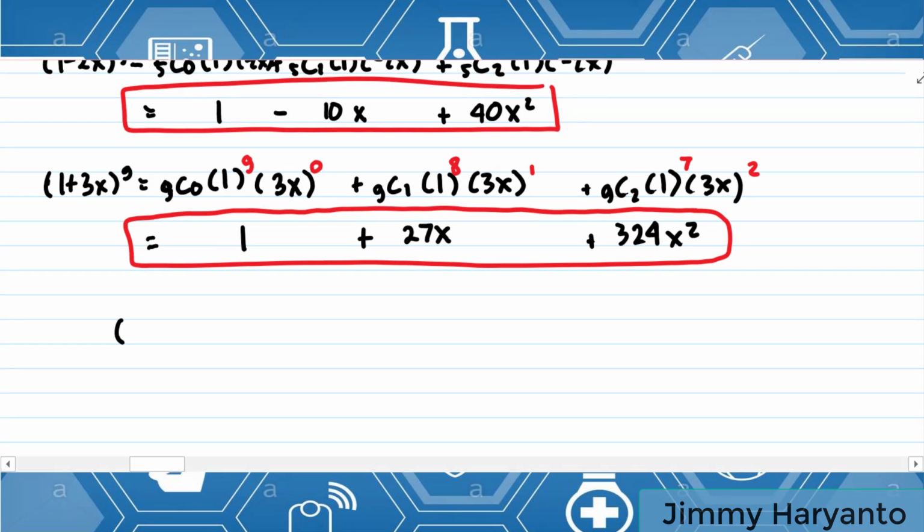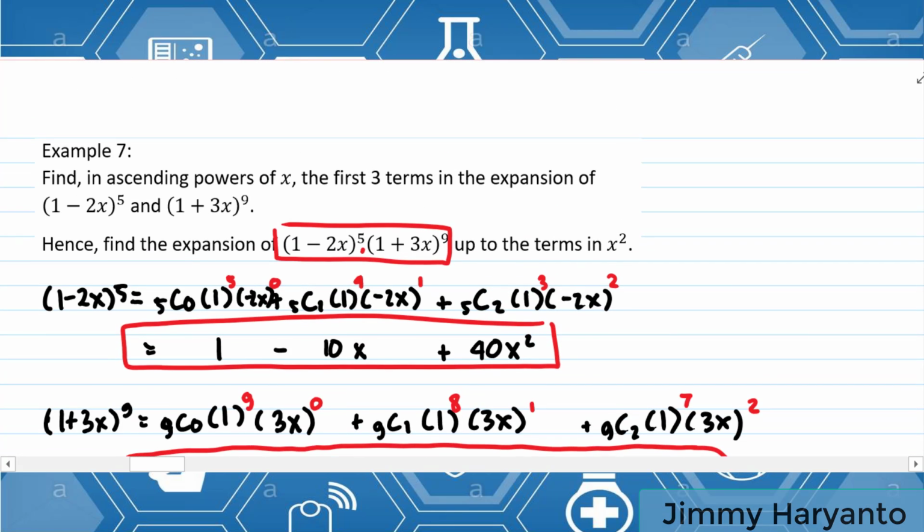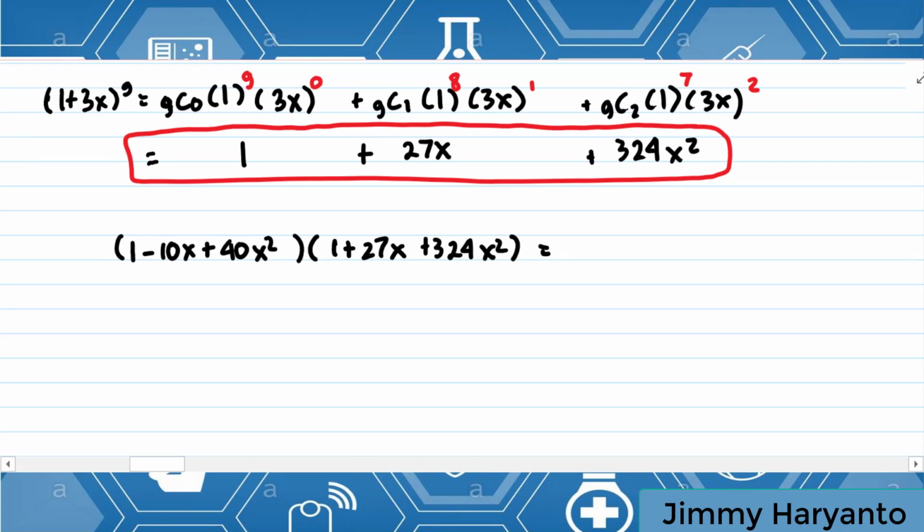So I have 1 minus 10x plus 40x squared times 1 plus 27x plus 324x squared. We have to multiply it to get the terms up to x squared. So only up to x squared, if we get x cubed we don't need it.